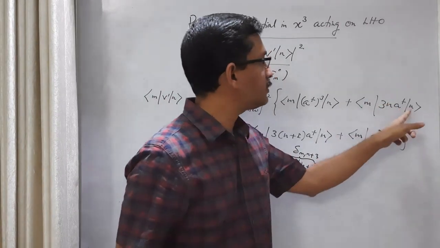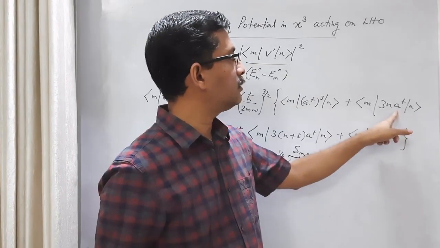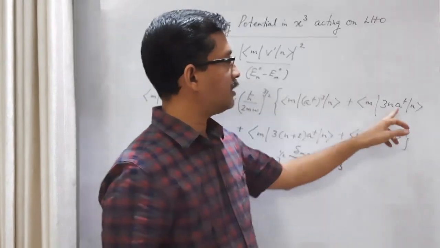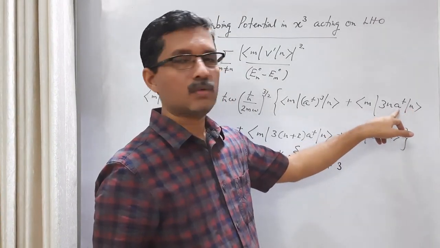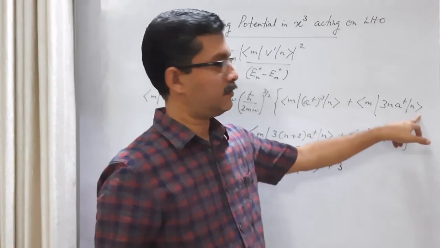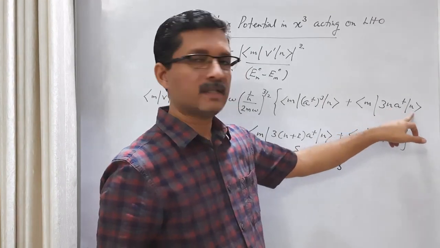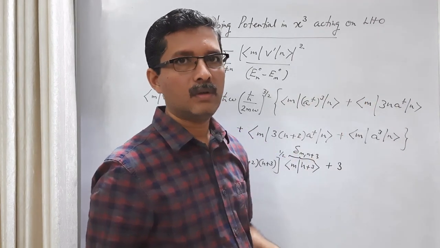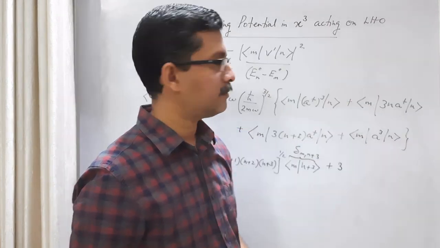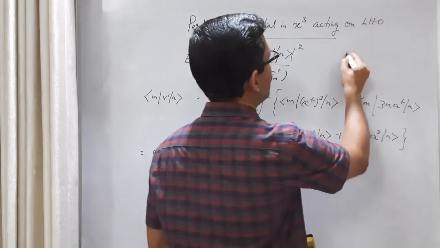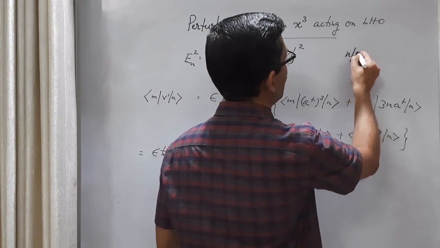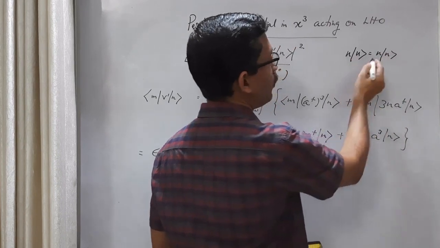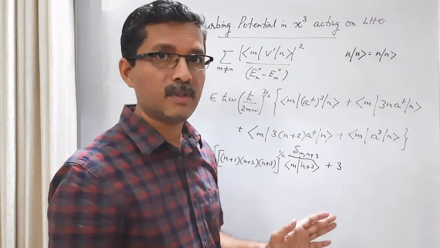When a† acts on |n⟩, there is a 3 here, which you can take outside. When a† acts on n, you have root n+1 into ket n+1. When N acts on ket n+1, we will get simply n+1 into ket n+1. This is the action of N on any ket n: when the number operator acts on a ket n, you get simply n.